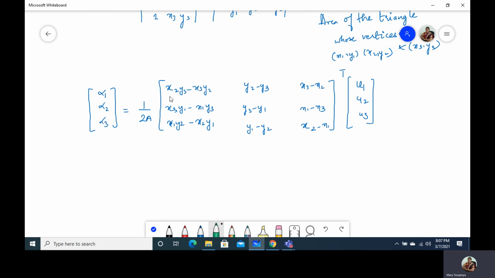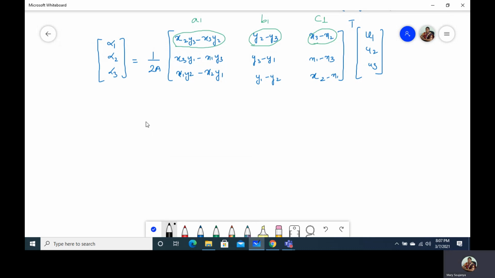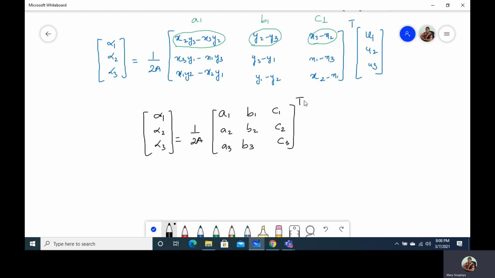Alright, here, considering the terms as a1, b1, c1 and so on, we can rewrite this whole equation as alpha 1, alpha 2, alpha 3 is equal to 1 by 2A into the transpose of [a1 b1 c1; a2 b2 c2; a3 b3 c3] into u1, u2, u3.